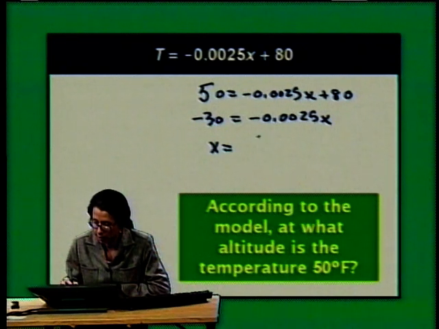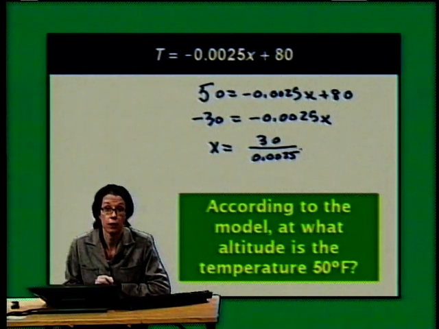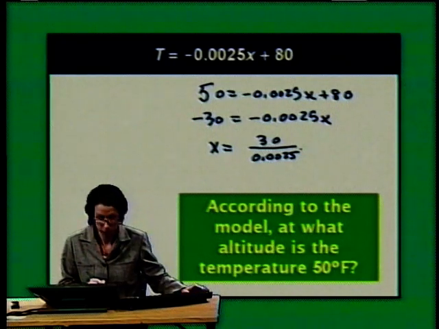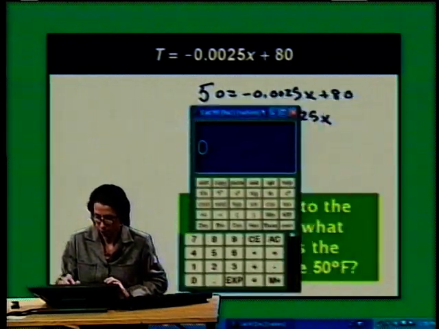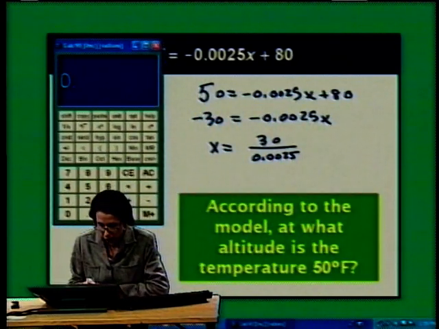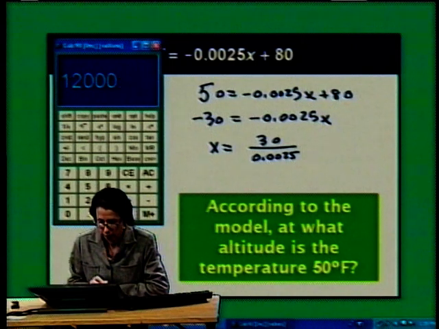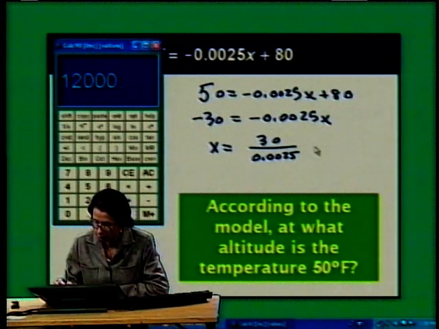So to find x, I'm going to divide 30 by 0.0025. I know the result's going to be positive, so I'm just going to work with positive numbers here. So 30 divided by 0.0025, that's 12,000.